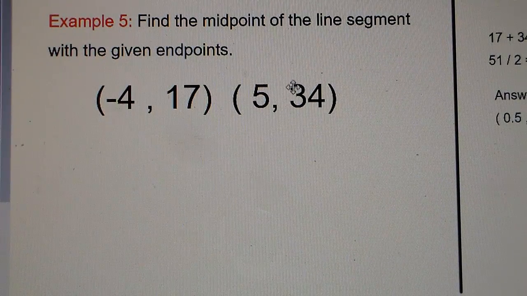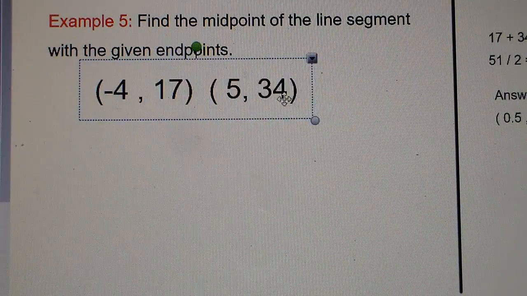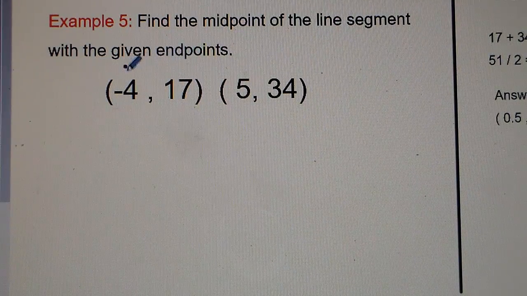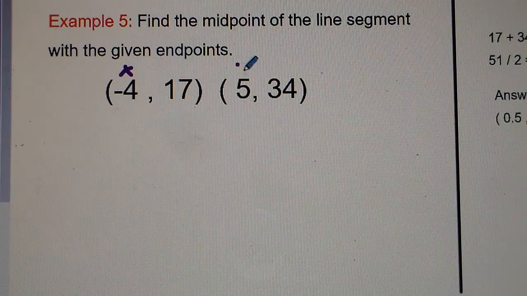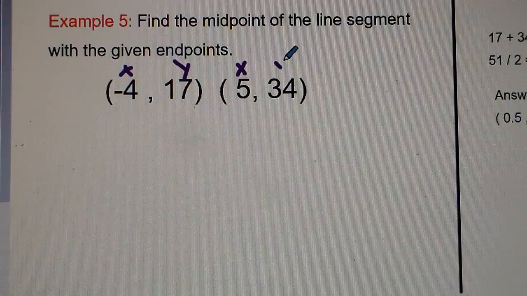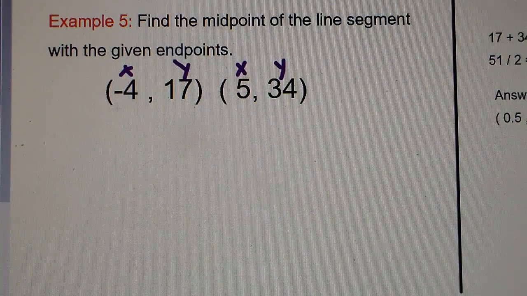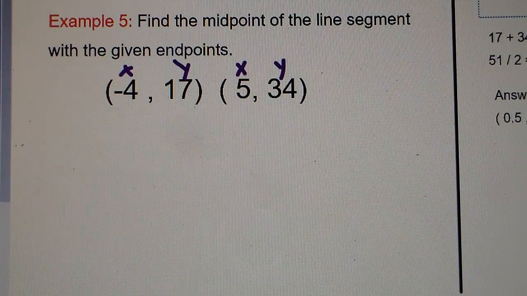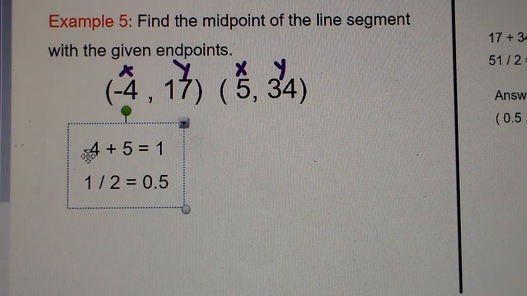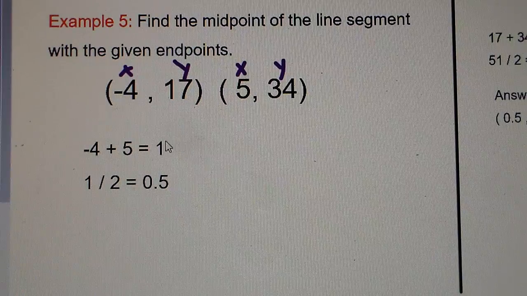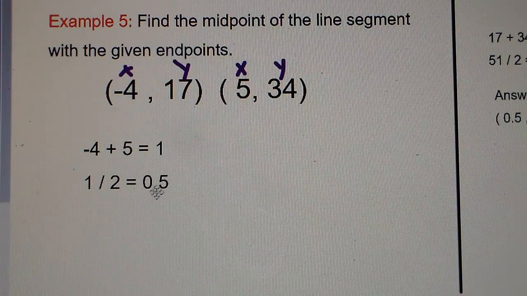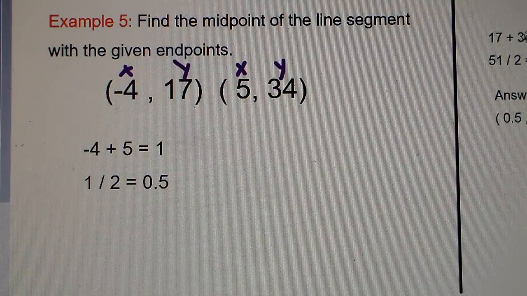Let's do this one. Two different numbers. So our x values are -4 and 5, and our y values are 17 and 34. So we take the midpoint of our x's: -4 plus 5 equals 1. 1 divided by 2 is 0.5, so the x value of my midpoint is 0.5.